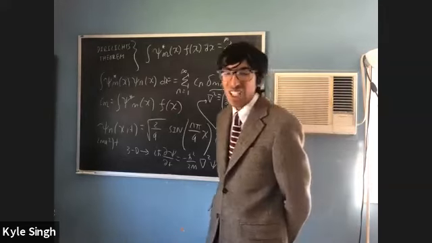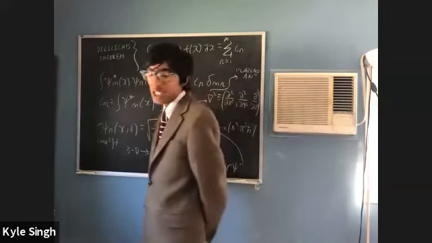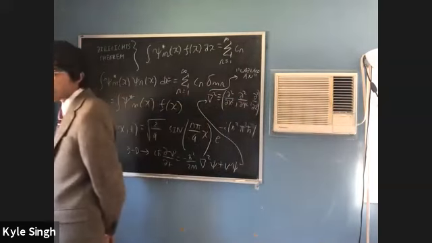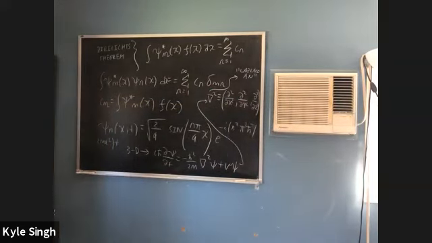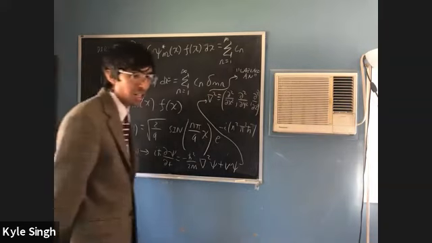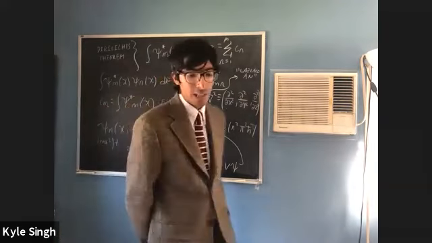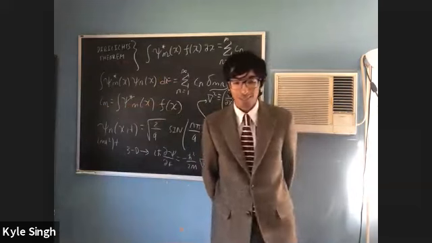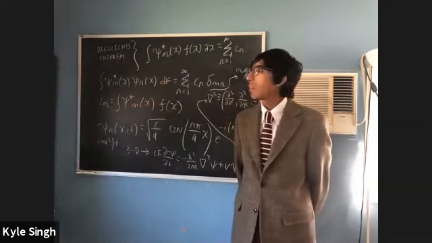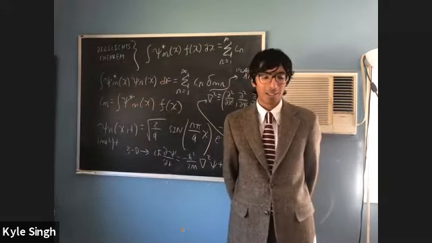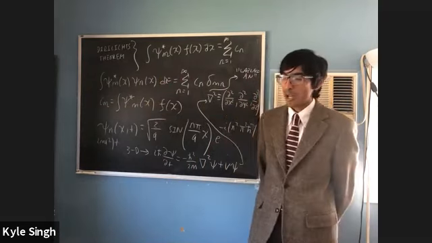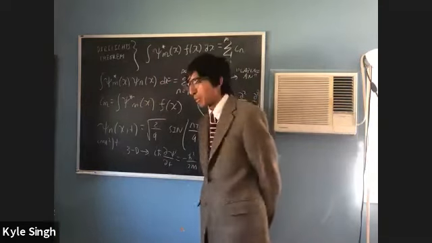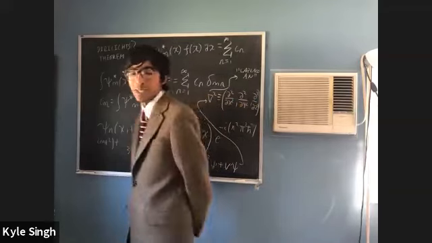We're going to need special functions, special operators. For the harmonic oscillator, we're going to need creation and annihilation operators. Sounds very fancy. And for the hydrogen atom, we're going to need spherical harmonics and Legendre polynomials and Hermite polynomials and all these fancy names for very simple things.